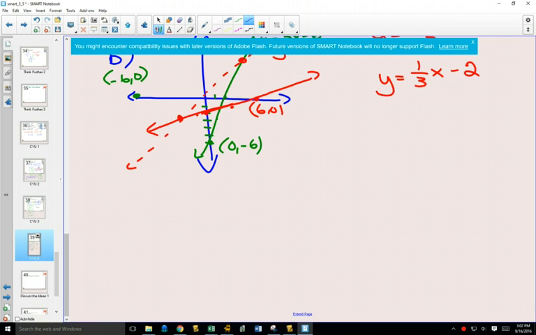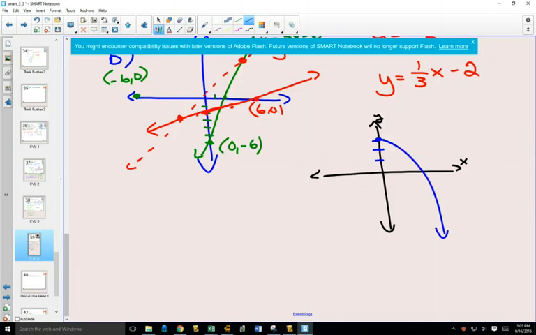For the parabola, we have -x² plus 3, but only when x is bigger than 0. There's our vertex, and we only have this part of the parabola.